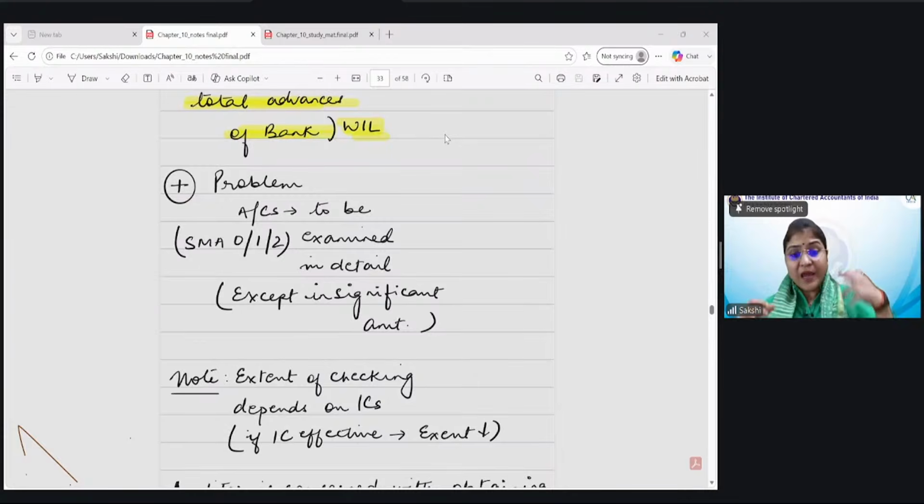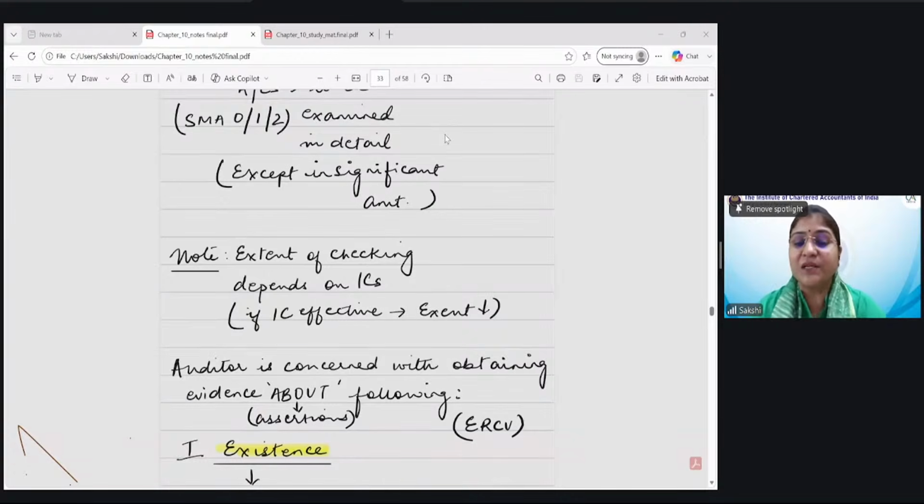Same as in any audit, if the internal controls are effective, the extent of audit will be less. If you see that the internal controls are weak, you will increase the audit procedures. All right, so the auditor is concerned with obtaining evidence about the following.